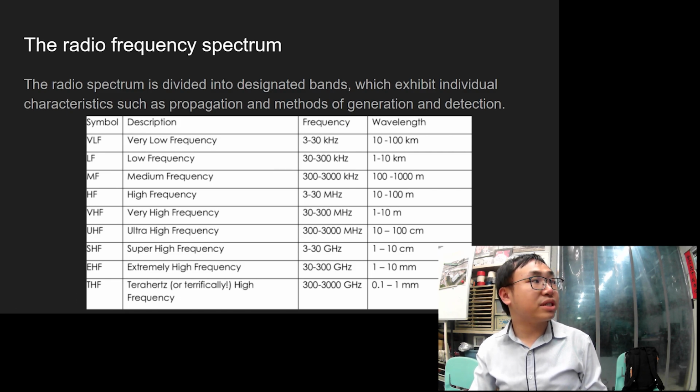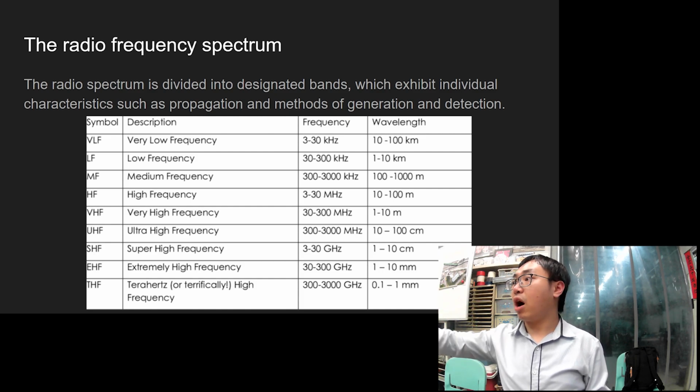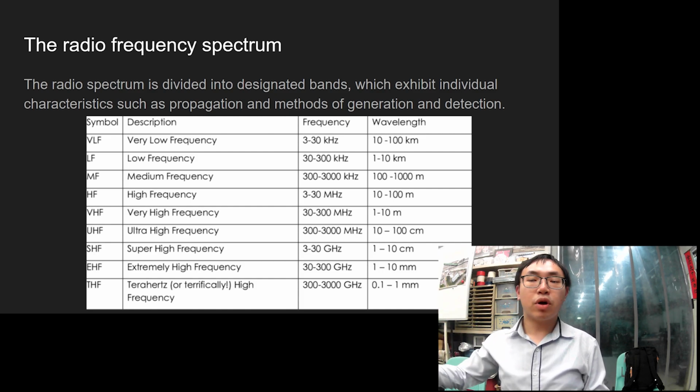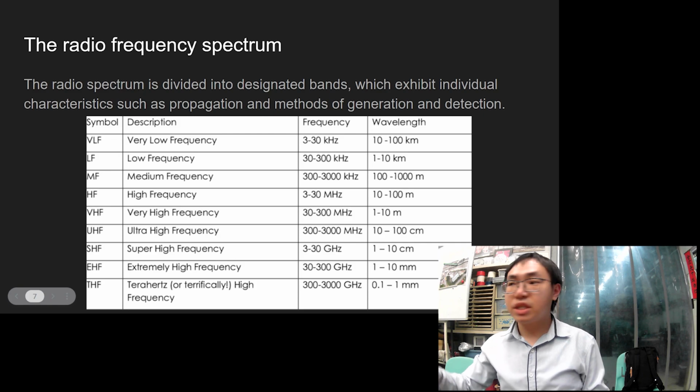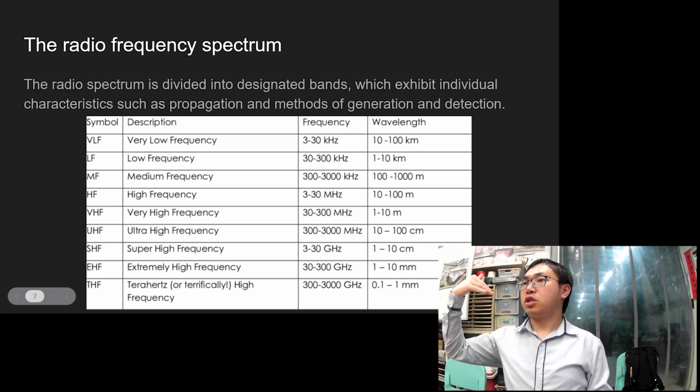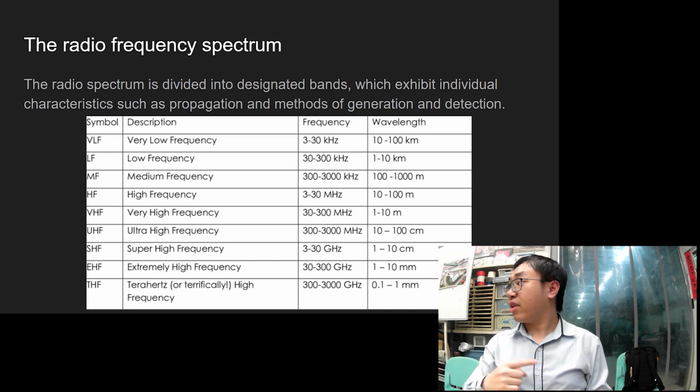It's very high frequency, so the broadcast cannot go very far. We will talk about it when we talk about propagation. The different frequency you use will decide how far you can transfer the signal. It's highly related to the wavelength you use.